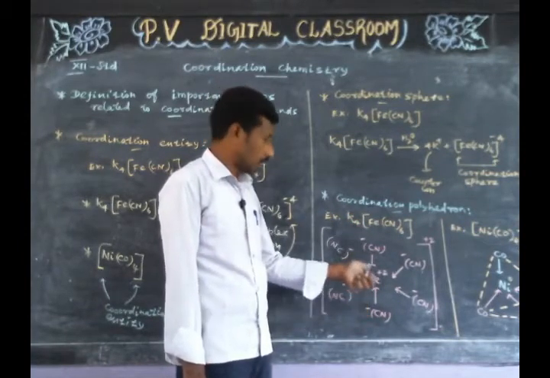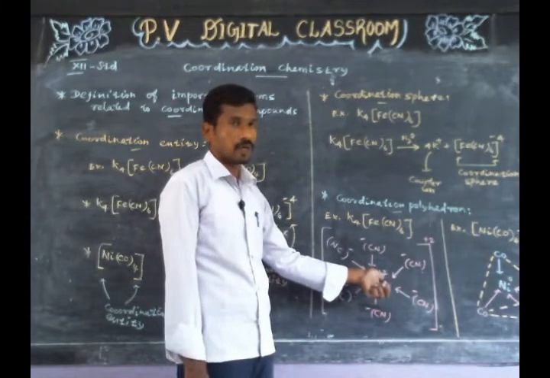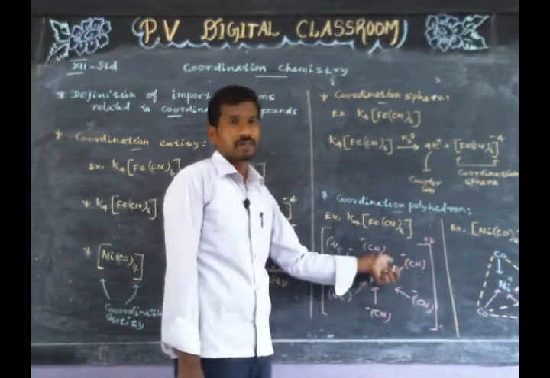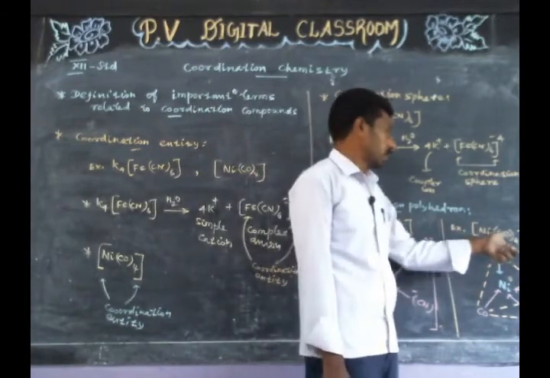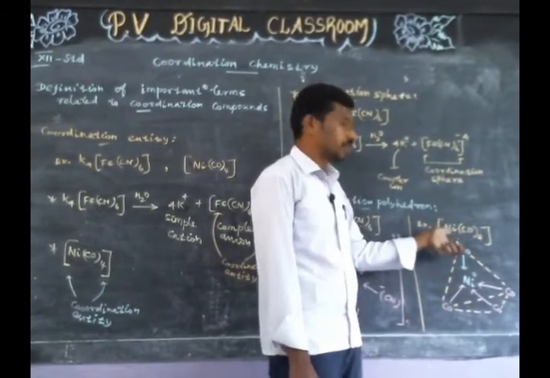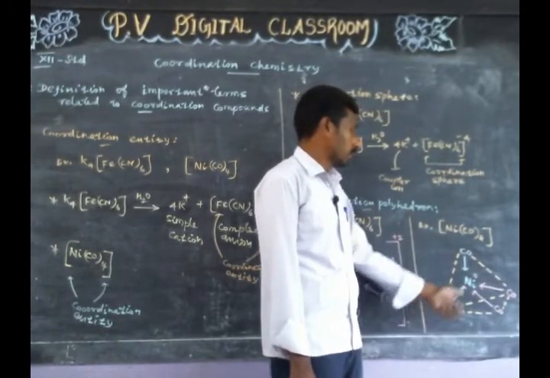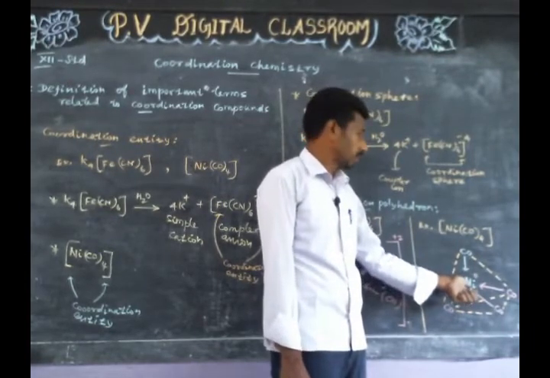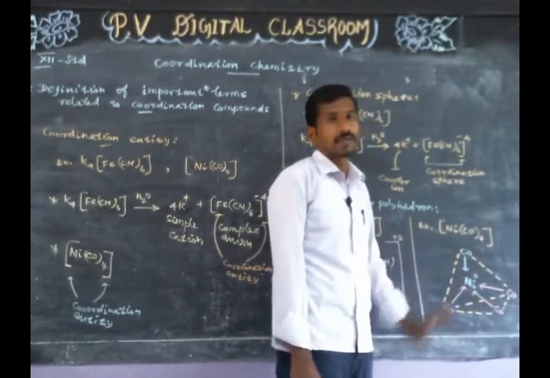This is because the central metal ion, Fe+2, is surrounded by 6 CN- ions octahedrally. Another example, tetracarbonyl nickel(0). This compound has tetrahedral geometry. This is because the central atom, nickel, is tetrahedrally surrounded by 4 CO molecules.